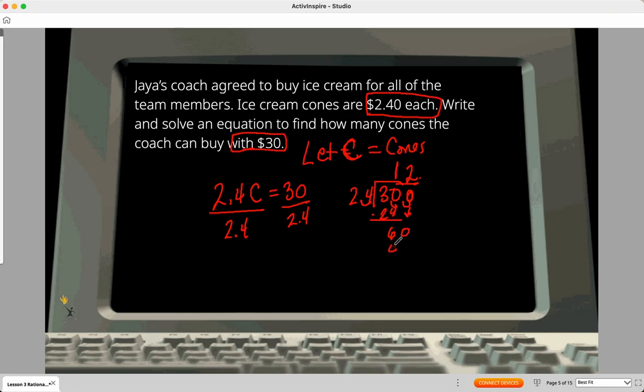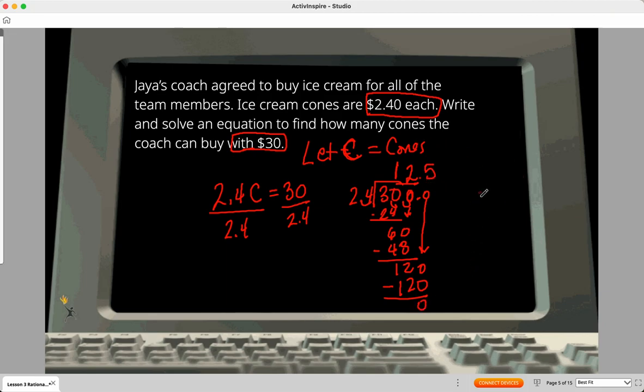So that's 48. I end up getting 12. I can put some zeros down. 24 goes into 120. Well, I know 2 goes into 12 6 times, but that's a little bigger, so let's go with 5. 5 times 24 happens to be 120. I get 0.